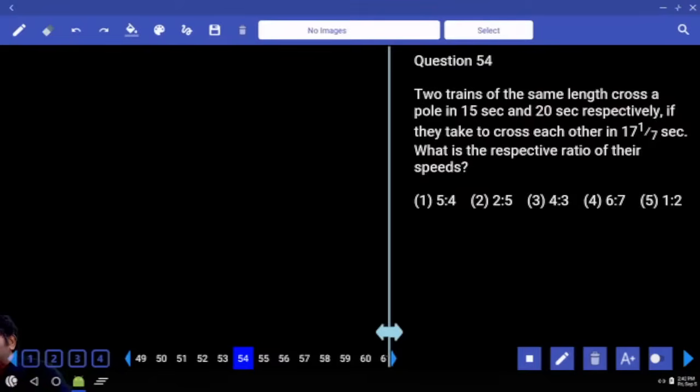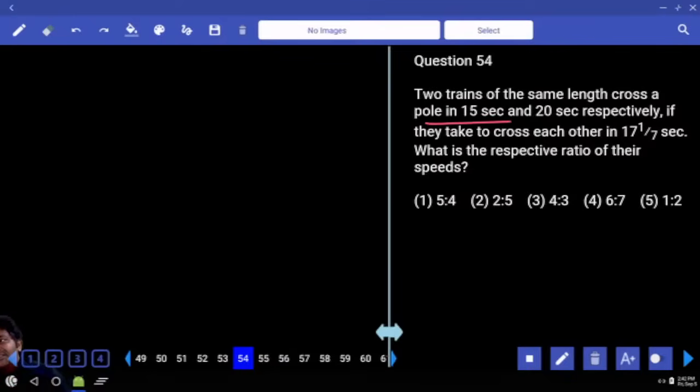If a train crosses a pole, distance covered is train length 1. Second train crosses a pole, distance covered train length 2. When both cross each other, distance will be train length 1 plus train length 2. But the question is about speeds ratio. Start with first one speed is S1, second one speed is S2.